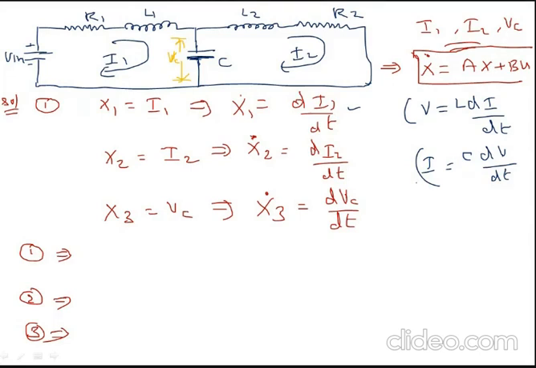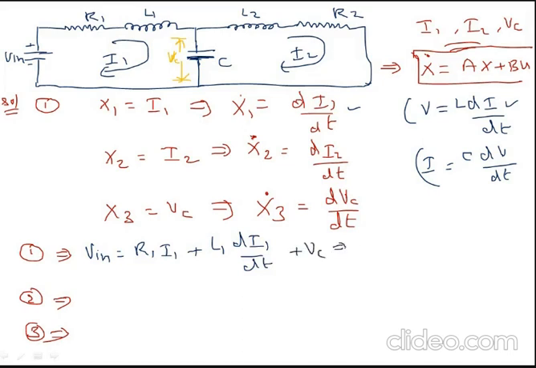Now to get the voltage expression, I need to go for applying KVL. So to get L into dI1 by dt, I am writing the KVL for loop 1. Then you will get Vin is equal to R1 I1 plus L1 dI1 by dt plus directly Vc.